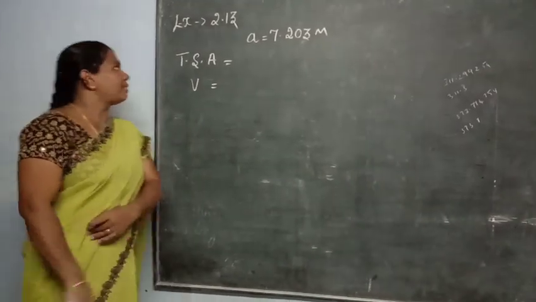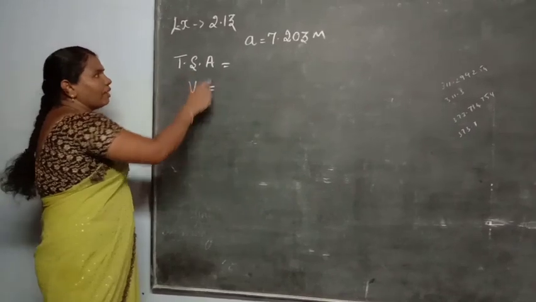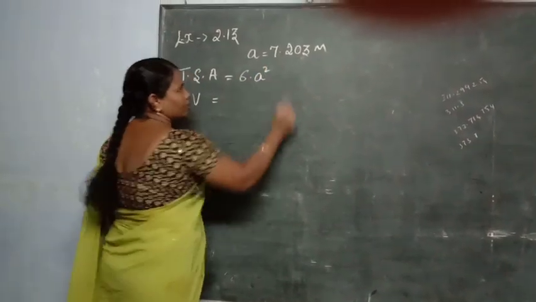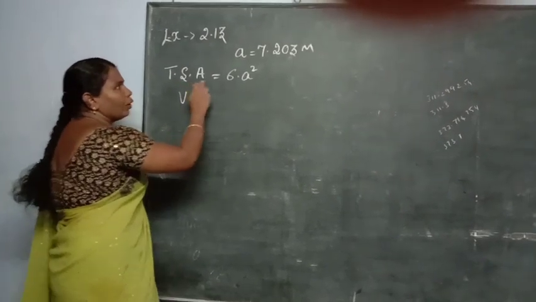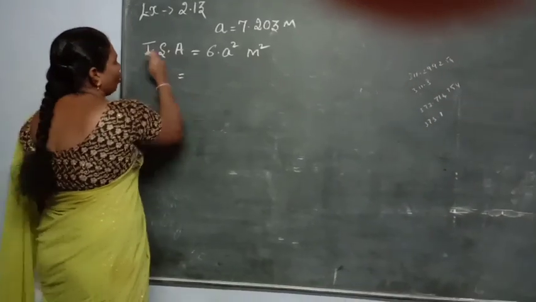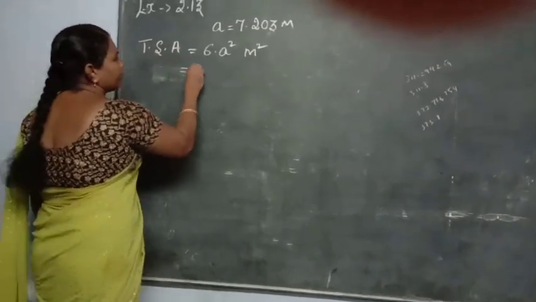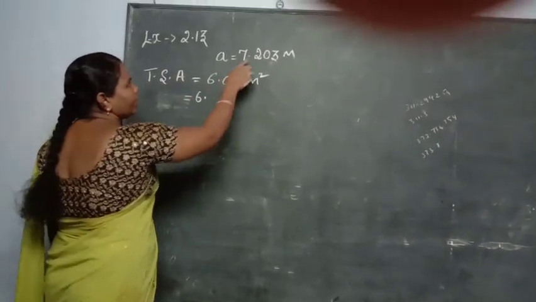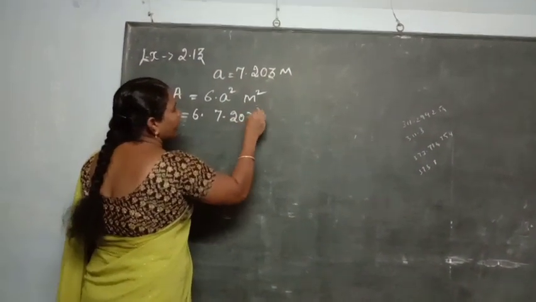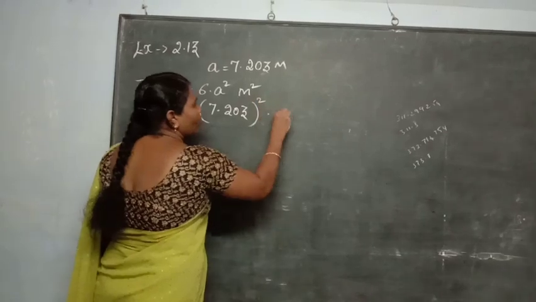Okay. See, what is the surface area formula? Total surface area formula. What is the formula? 6a square. What is the unit of surface area? Unit meter, therefore the unit is meter square. Okay. Then how will you find that? See here, 6 into a square. So what is the a given? 7.203 the whole square into, what is the unit?